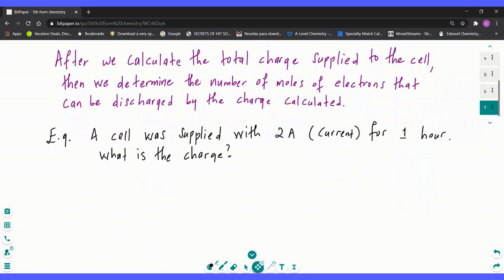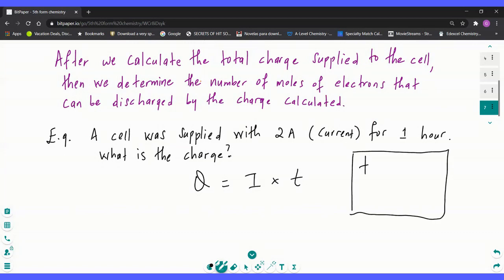So what is the equation that we should use to find our charge? Q is equal to I times T. The only thing is that our time should be in seconds, but they gave us the time as 1 hour. So let us work that out to the side. We can't put the 1 hour in the equation.